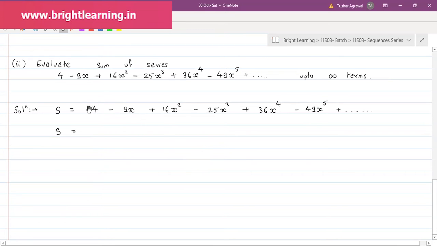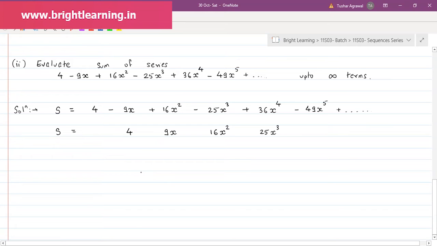And the second is that x square is also creating a problem. Even if I shift it one step ahead, 4 minus 9x, 16x square, 25x cube, even then it's a problem, because how can I subtract them? Yes or no?